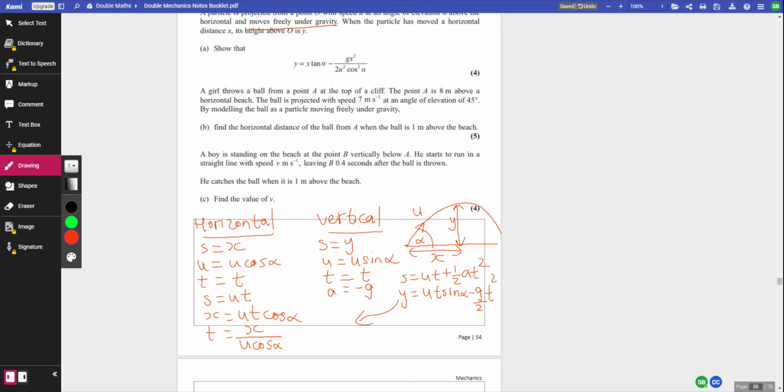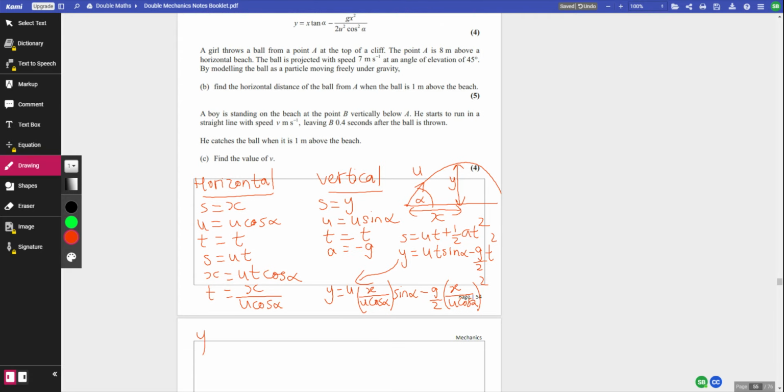So y equals u times x over u cos alpha times sine alpha minus g over 2 times x over u cos alpha, all squared.